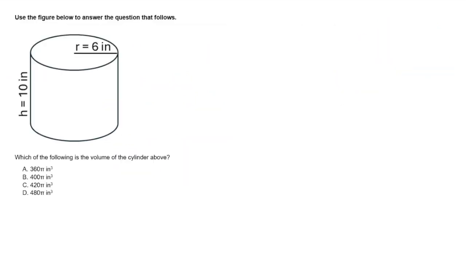Which of the following is the volume of the cylinder above? 360 pi inches cubed, 400 pi inches cubed, 420 pi inches cubed, or 480 pi inches cubed? Since we've already got a nice diagram here, let's write out the formula for the volume of a cylinder. And that is pi r squared times the height.